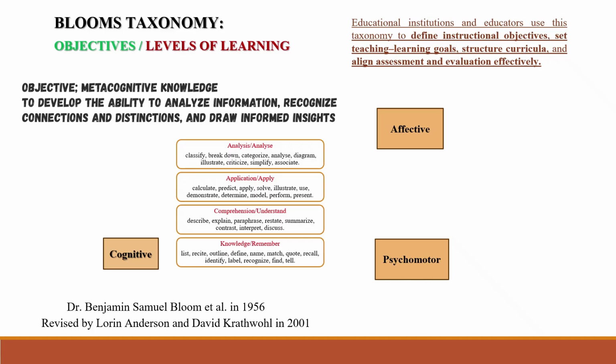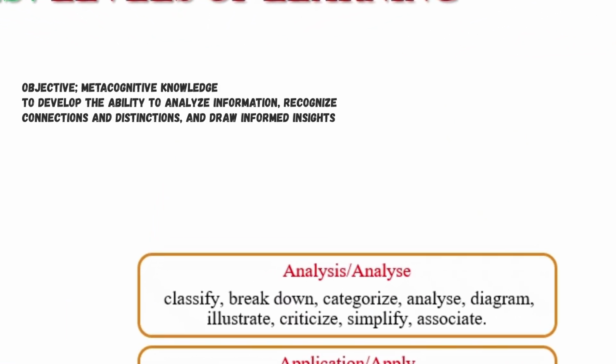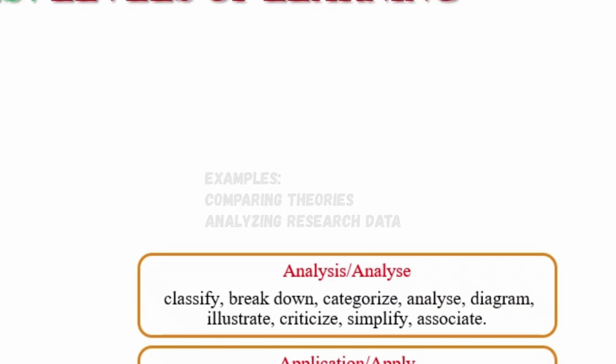And at the end of this level, the learner should be able to analyze information, recognize connections and distinctions, and draw informed insights. Evaluations at this stage can be done using terms classify, break down, categorize, analyze, diagram, illustrate, criticize, simplify, associate, and more of the same. For example, comparing theories, analyzing research data, etc.